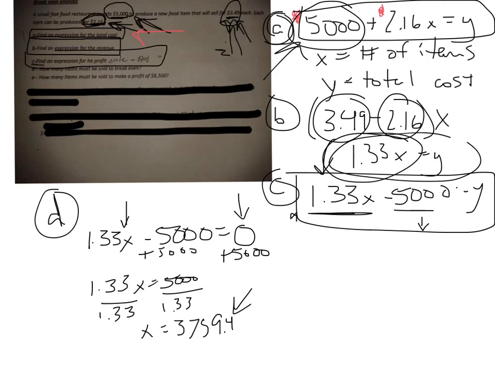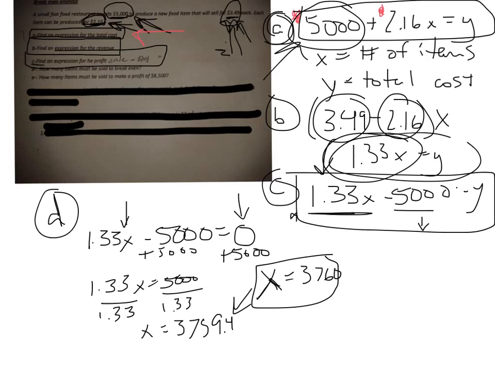So really, you're going to have to round that little guy up. And so say x equals, that's an ugly x right there, 3,760. Now, to break even, that means you're going to come up a little above, but at least you're not in the negatives. I would round that way as opposed to rounding down, because you can go a little bit below zero, a little bit above, and I doubt anybody's going to buy 0.4 of your item. Like, you're going to cut off part of an orange and sell a used orange.